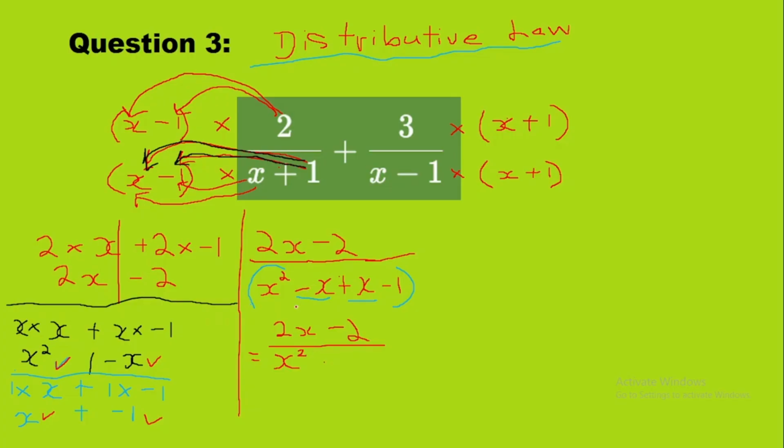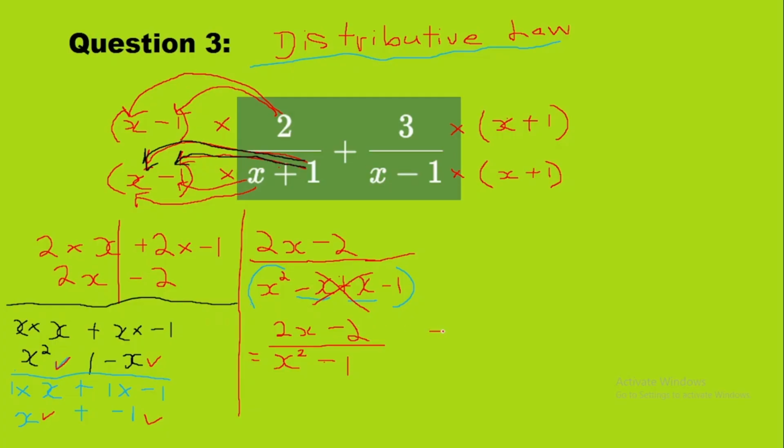Because these will cancel, so negative x plus positive x will definitely cancel, we'll just be left with 2x minus 1. And this is our first fraction.